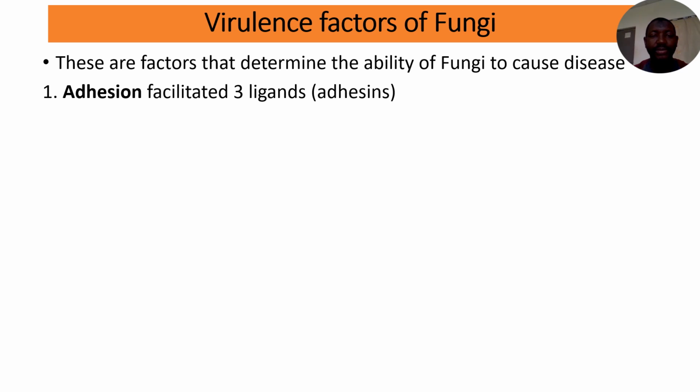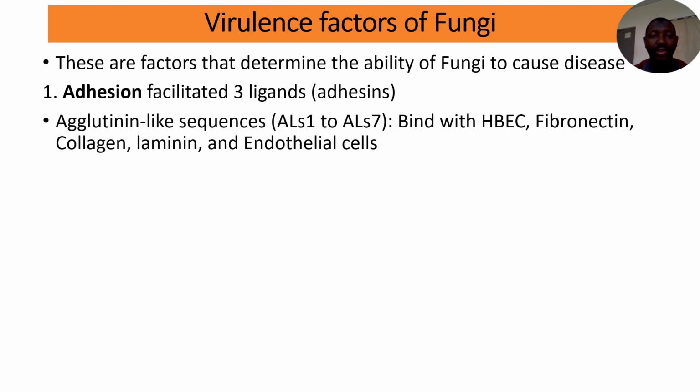Now, the first of these three ligands are the agglutinin-like sequences. These agglutinin-like sequences are a group of 7 glycosylated proteins, agglutinin-like sequence 1 to agglutinin-like sequence 7, which are involved in the fungal attachment to the host tissues.